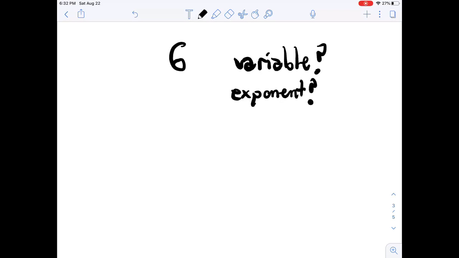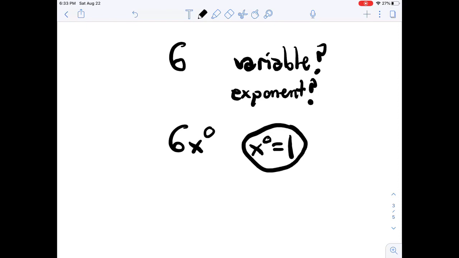And the answer is that it is there, but it's just not shown. If I were to show the monomial and its variable, it would look like this. 6x to the power of 0.